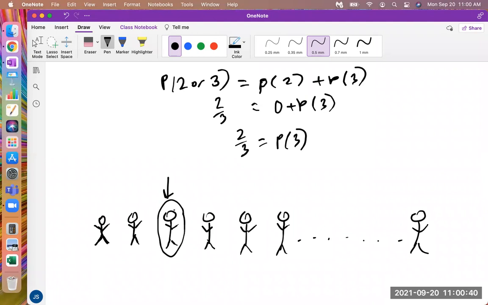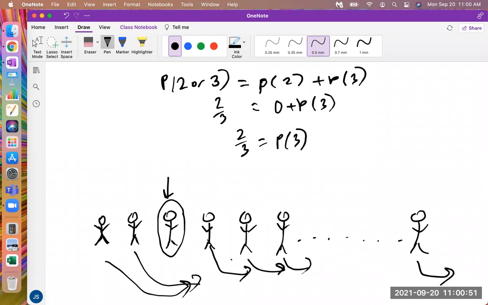Okay, let's say you choose this person, and all of these other fellows go off to war. There they go. Let's say that 90 of them die in war, so dead, and we have 3 guys left.